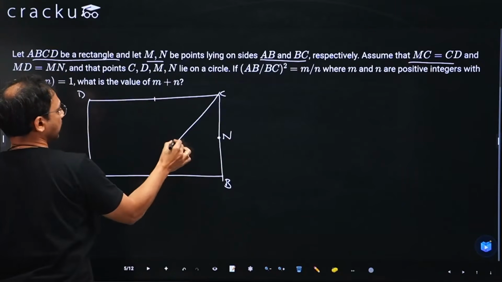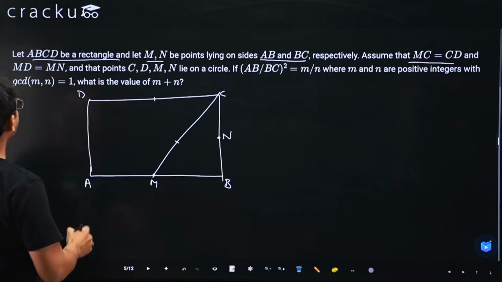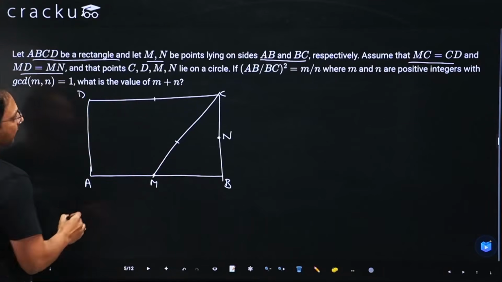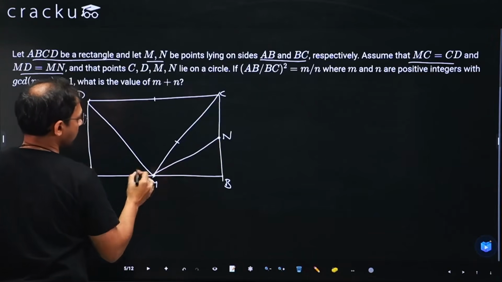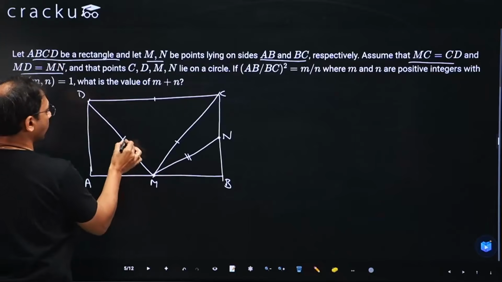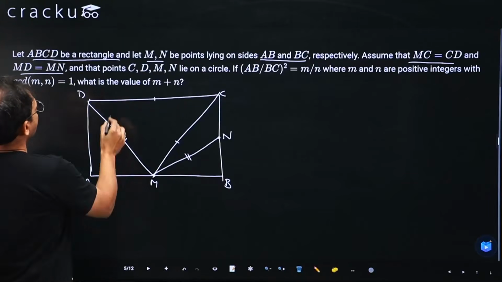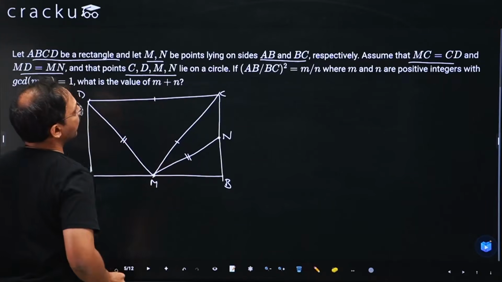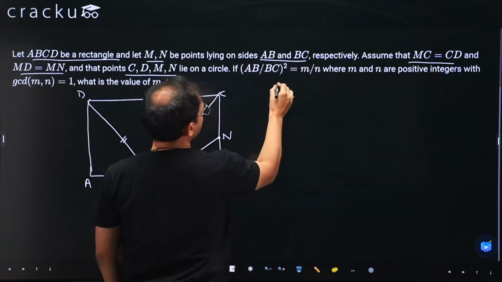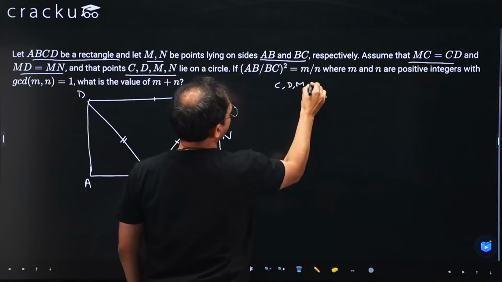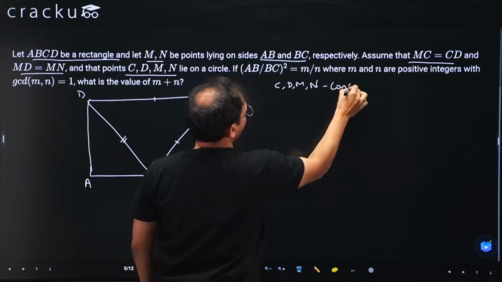MC and CD, these two are of equal length. And MD is equal to MN. These two are of equal length. The points C, D, M, N lie on a circle. That means these 4 points are concyclic points.